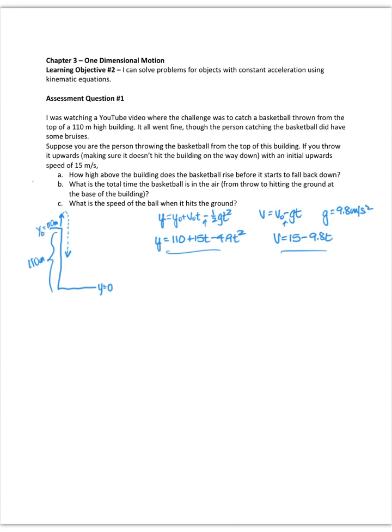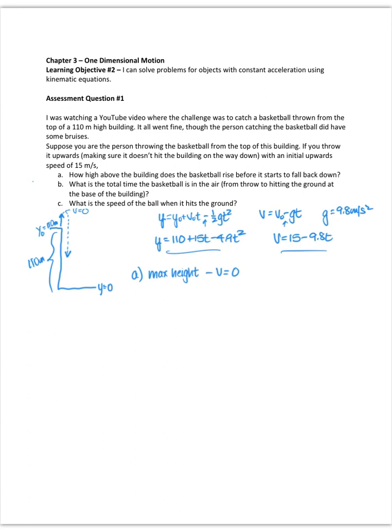The first thing that we're asked is, how high above the building does the basketball rise before it starts to fall back down? So when it reaches its maximum height, which is really what we're being asked for, that's when the velocity goes to 0, because at this point it has been going in the positive direction.